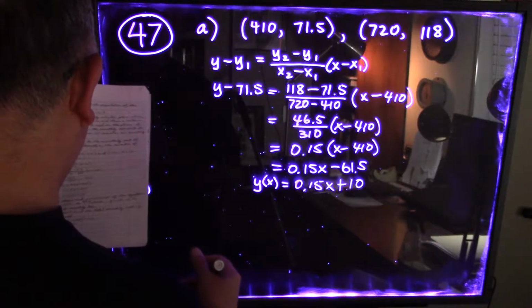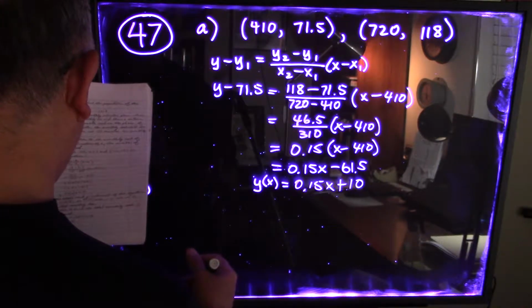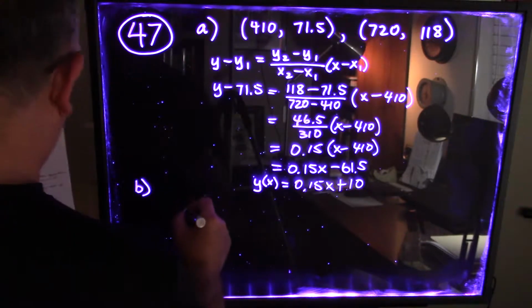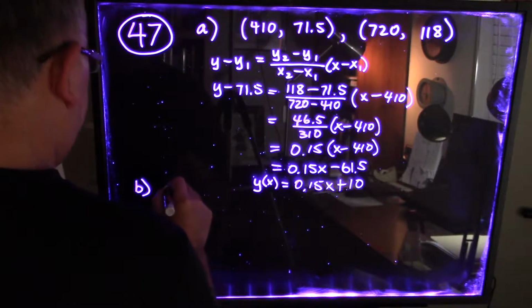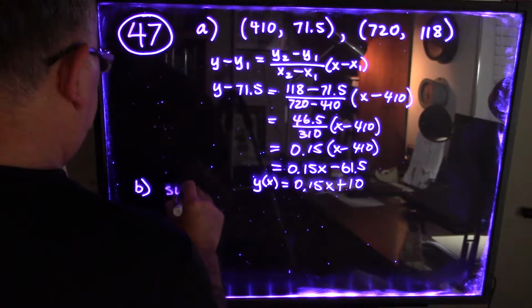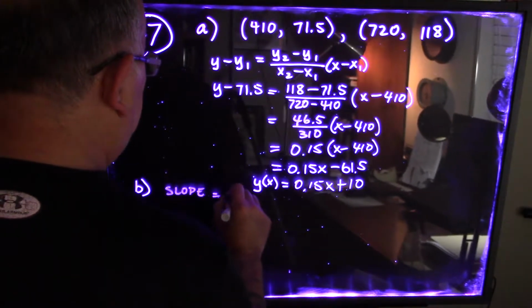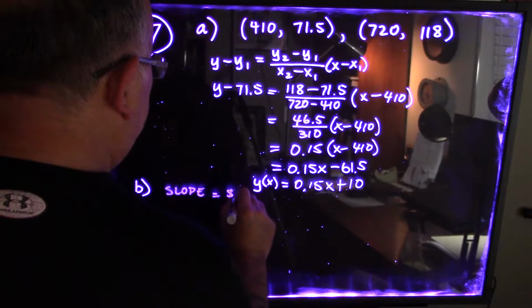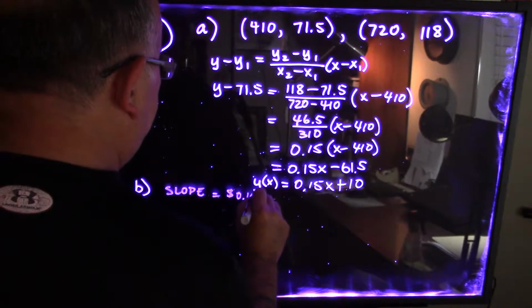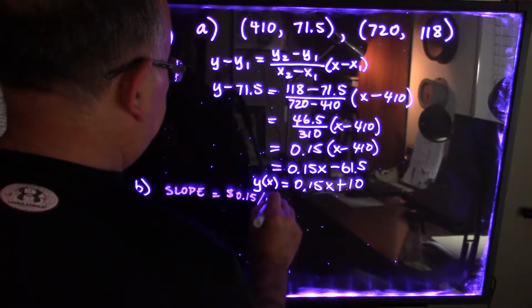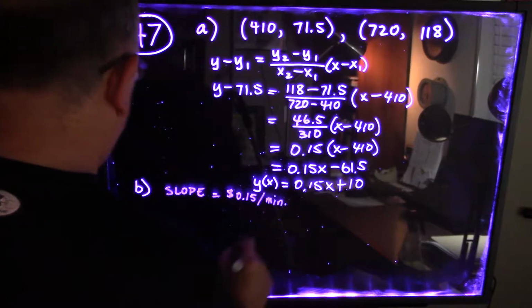We're dealing with dollars and minutes, so the unit will be 15 cents per minute. So the slope is equal to $0.15 or 15 cents per minute.